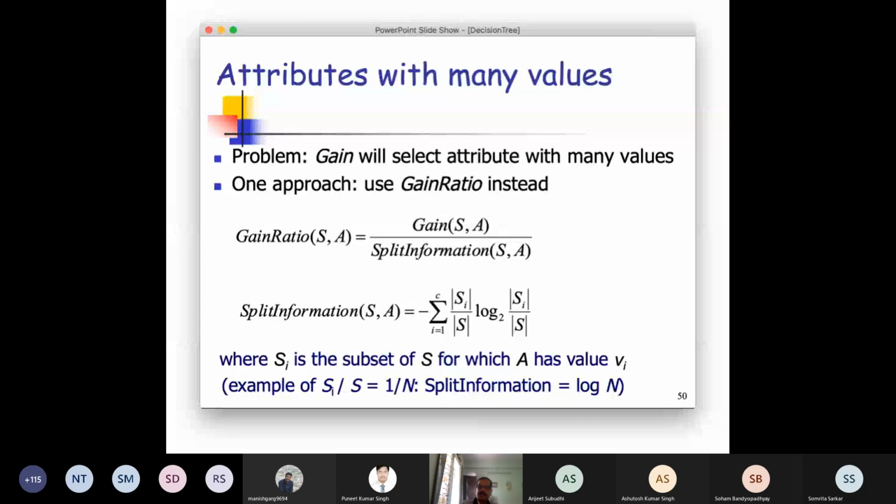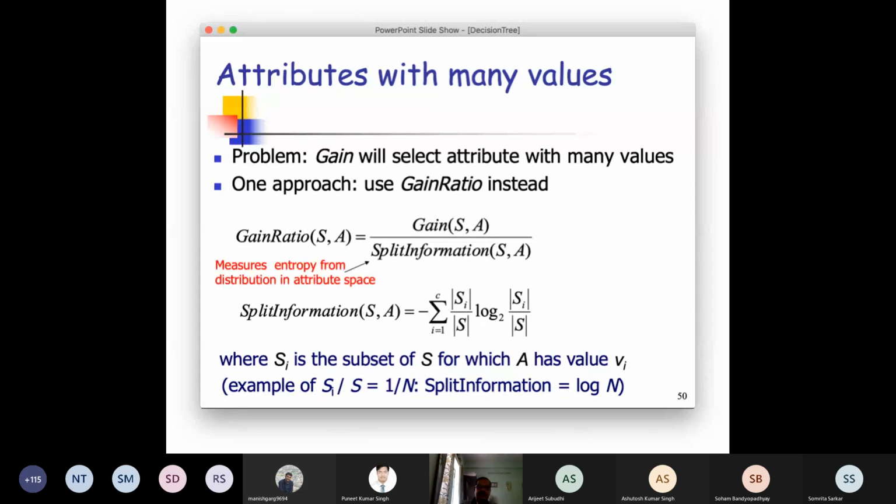If you have more attribute values, then it may be equally likely that the samples are spread over those values, the partitions are having a smaller size, but their numbers are almost the same, they are similar in size, though the size is smaller. But then you see that your entropy would be high, because this is what you are considering here.